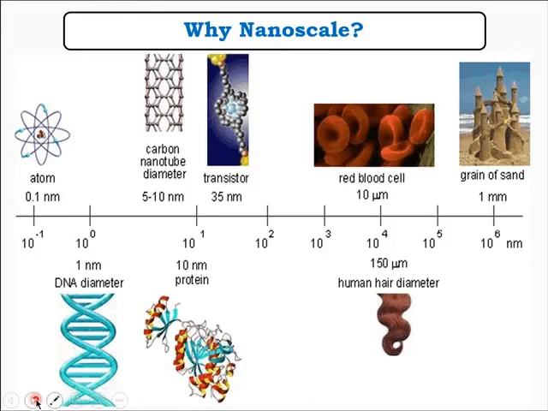Then our hair diameter is about 150 micrometers. And then we go on to a grain of sand, which is approximately 10 to the power 6 nanometers. So these are the various examples we can see. They have different sizes, and they are available in nature.